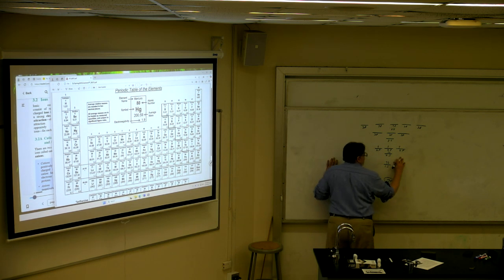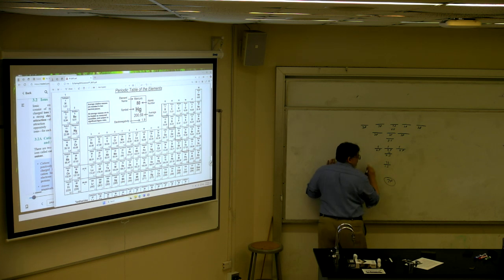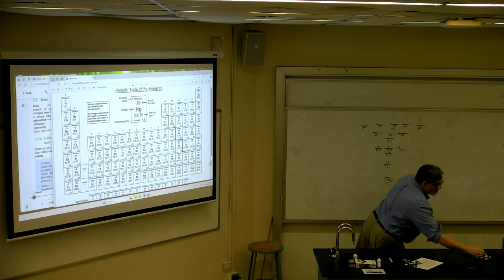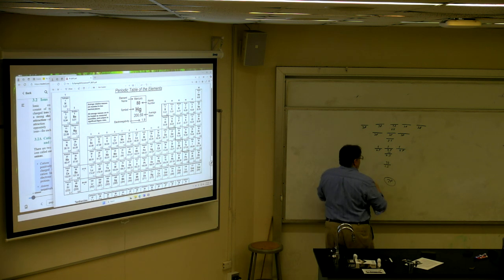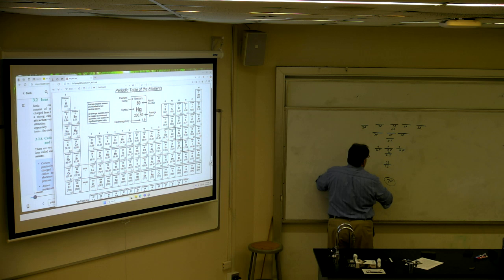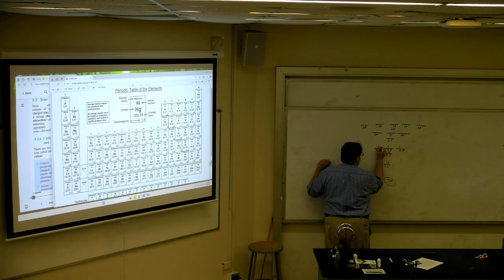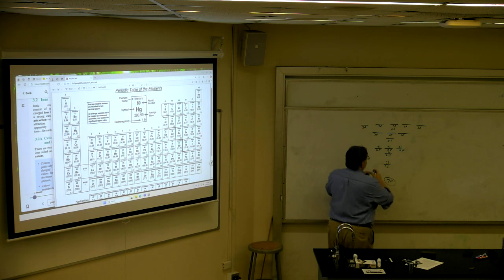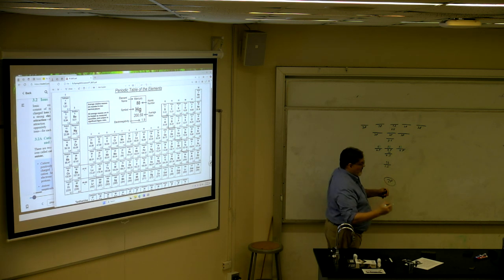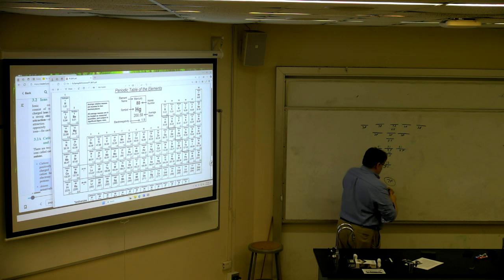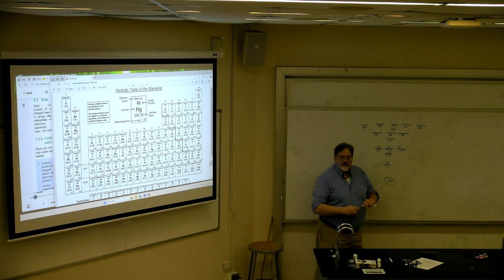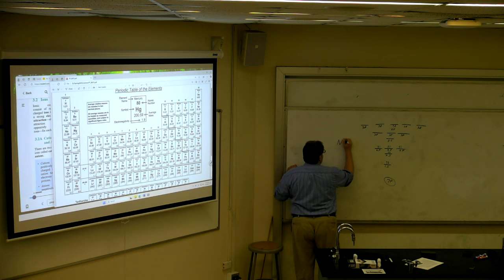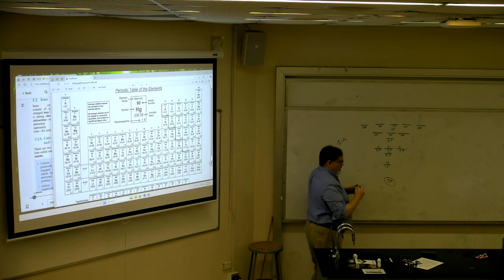It's got 7 electrons, but if it gains enough electrons to have all of its electrons paired, looking at this configuration, you can go, okay, I need 3 more electrons, then all the electrons are paired. Those 3 extra negative charges make nitrogen 3 negative, or negative 3.